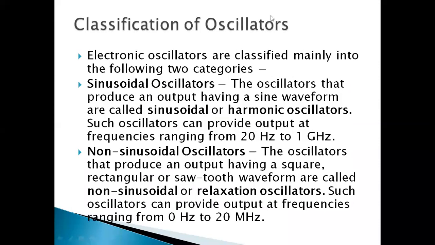Next, coming to the classification of oscillators, mainly we have two types of oscillators. First one, sinusoidal oscillator. Second one, non-sinusoidal oscillator. Depending on the waveform generated at the output of the oscillator, we have two types. If we have a sinusoidal waveform at the output, then those oscillators are called sinusoidal oscillators.